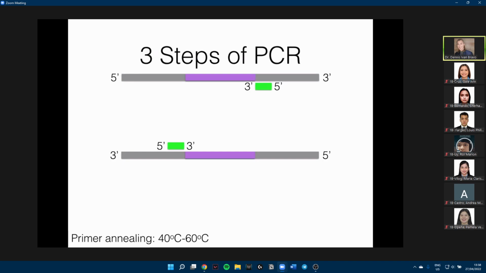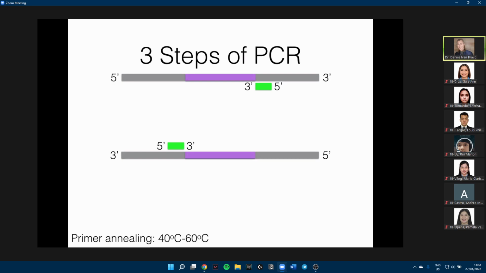These primers serve the same purpose as the primers we have studied last week. But what makes them different? Well, number one, they are preformed rather than synthesized by the enzyme primase. Number two, they are artificial. Number three, they are composed of DNA rather than RNA.